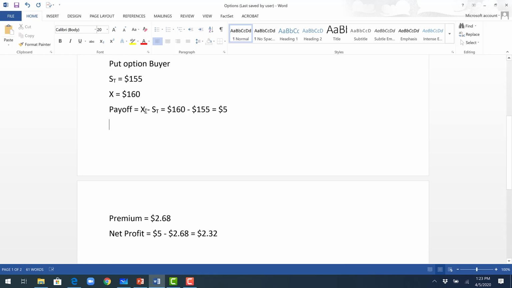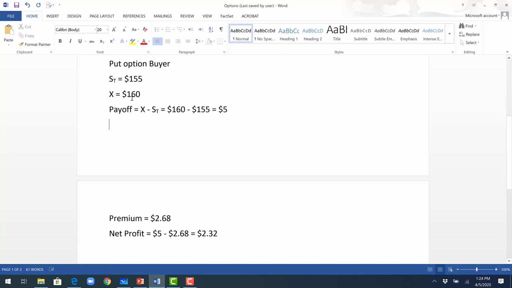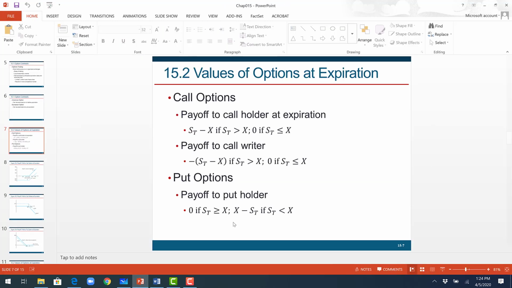If ST is less than X, the option is exercised. If X is less than ST, then the option is not exercised and the payoff is 0, and that would be the loss of the premium. So that is what you're seeing over here. If ST is greater than or equal to X, the option is not exercised, the payoff is 0. If ST is less than X, like in this case, the payoff for the put holder is X minus ST, right?